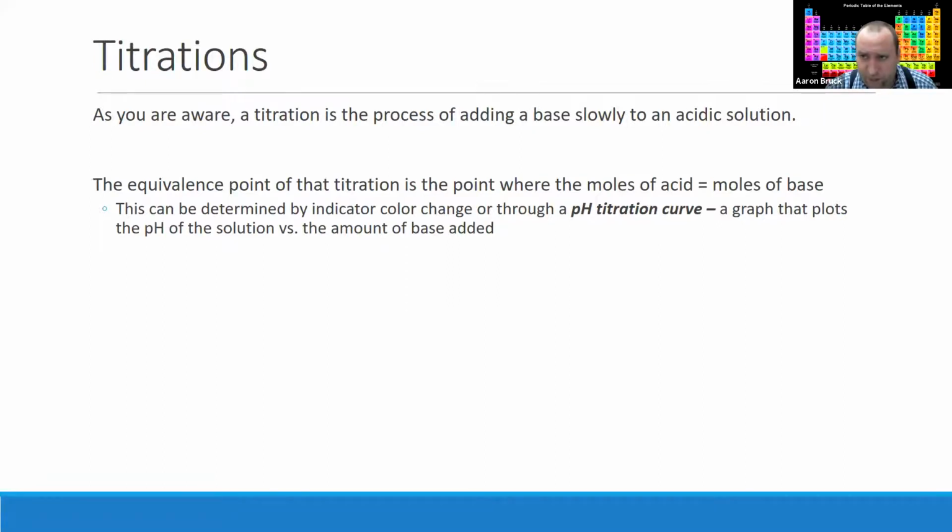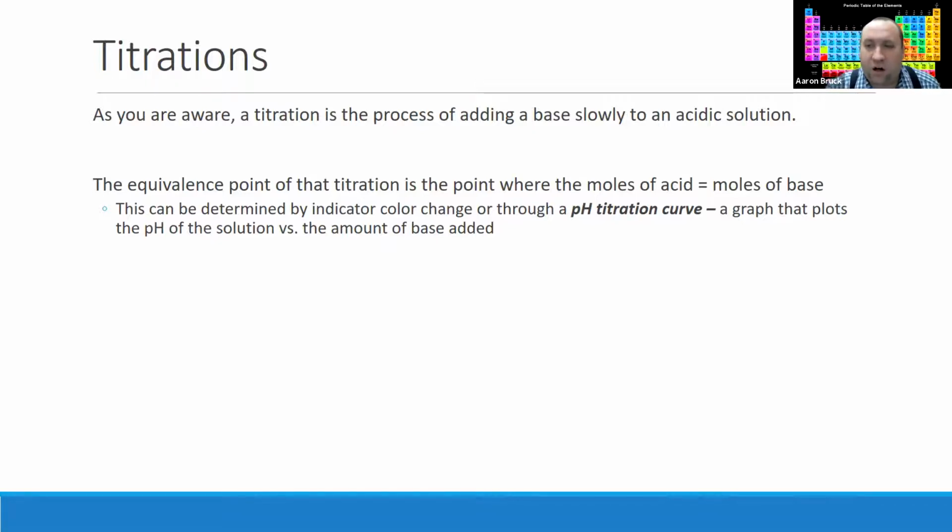Now, where this is different is instead of using the titration just as a means to calculate concentration, we're going to do something a little bit more similar to what we did in the thermodynamics of dissociation lab, where we are actually going to use it to find data about the acid itself. And the data that we are going to use comes as a result of something called a titration curve.